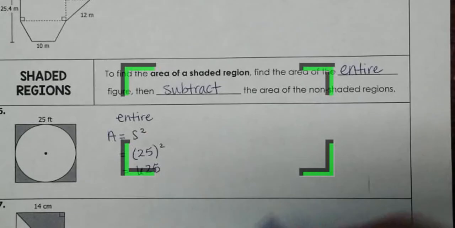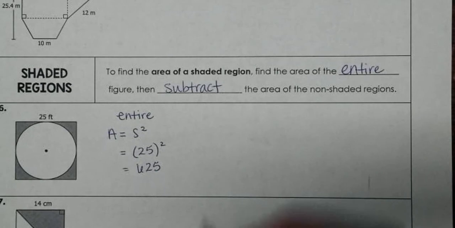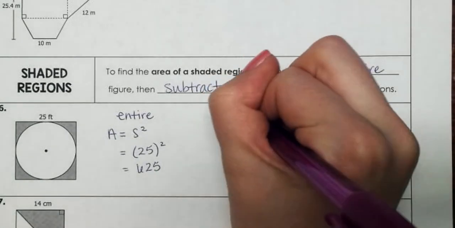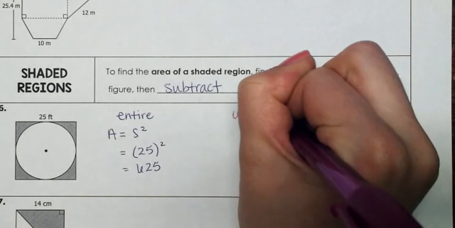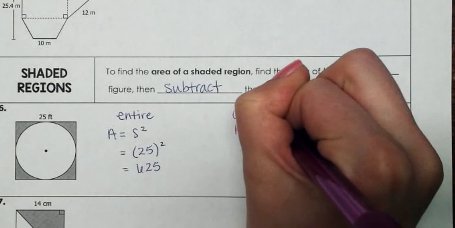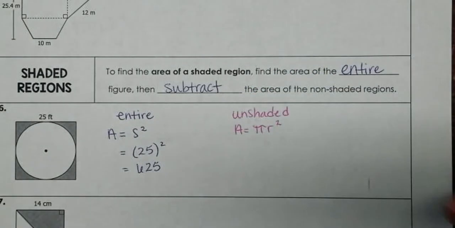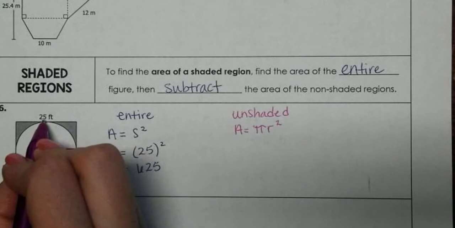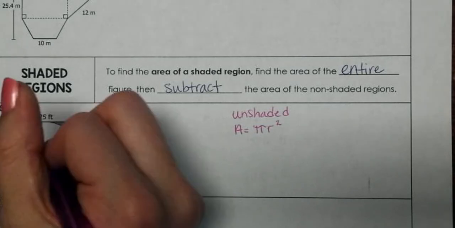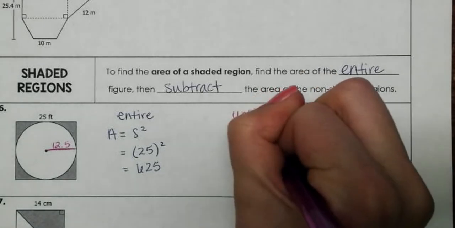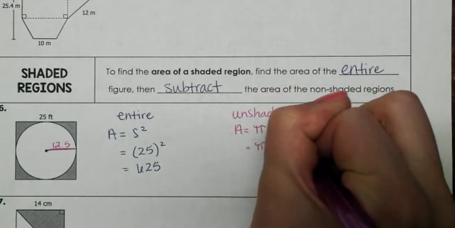Now we're going to find the unshaded region. The unshaded region is a circle, so the area is going to be pi r squared. What we need is the radius, which is actually half of this length here. So it's 12.5. So we're going to find pi times 12.5 squared.